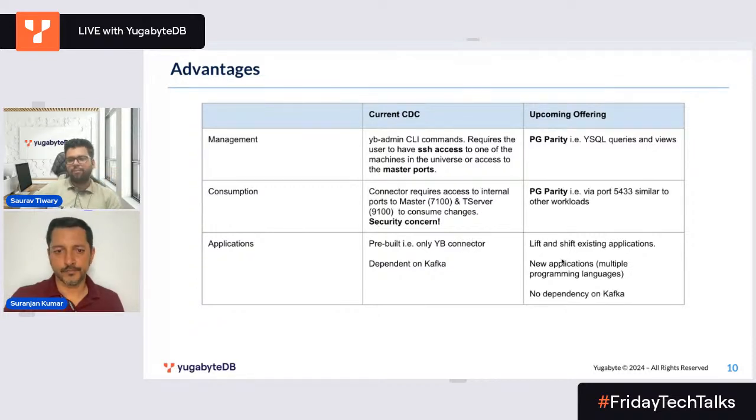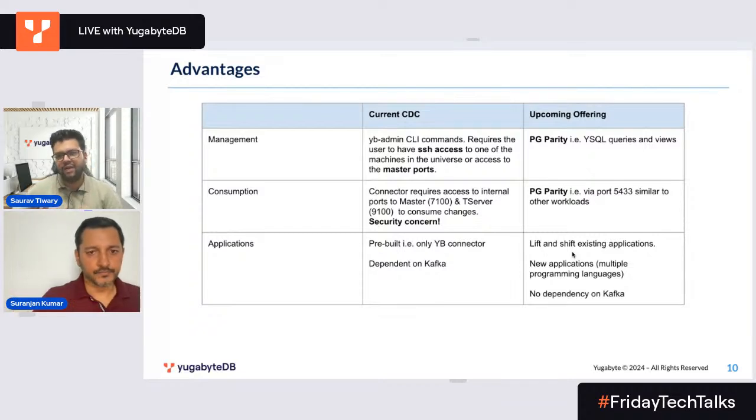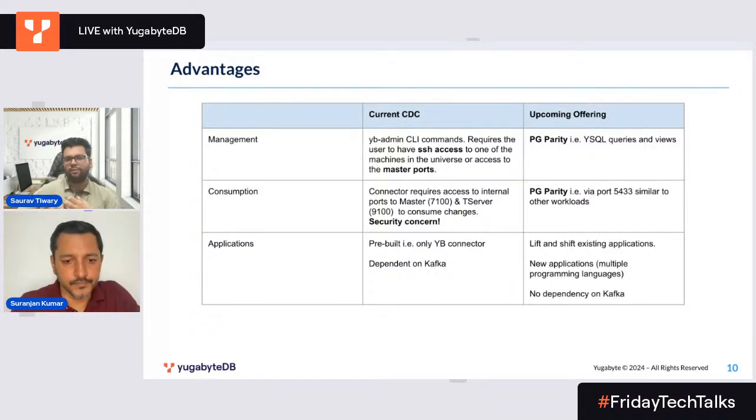Now, with the upcoming offering, because of honoring the PG wire protocol, any Postgres client available in the PG ecosystem can just work with this model with next to no changes. That also opens up, now we are no longer dependent on Kafka. You can still use Kafka, but it's no longer a requirement. And now the client can be coded in any programming language. The only thing is it should understand the PG wire protocol.